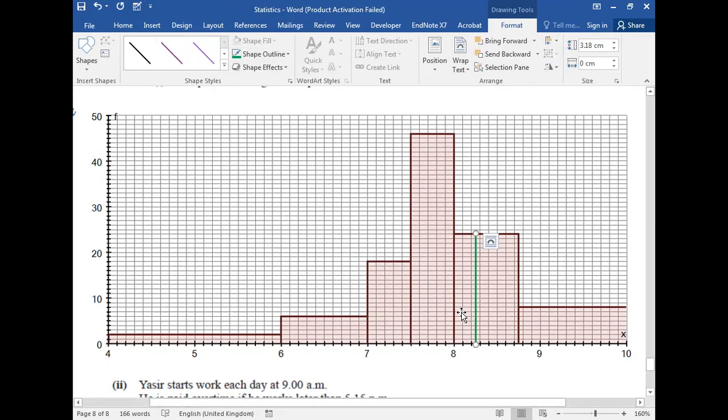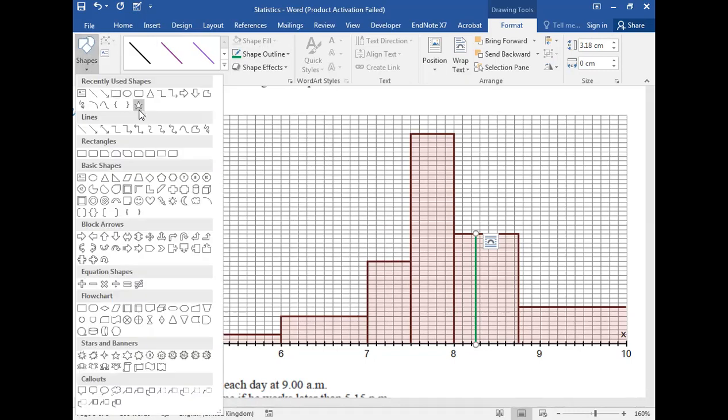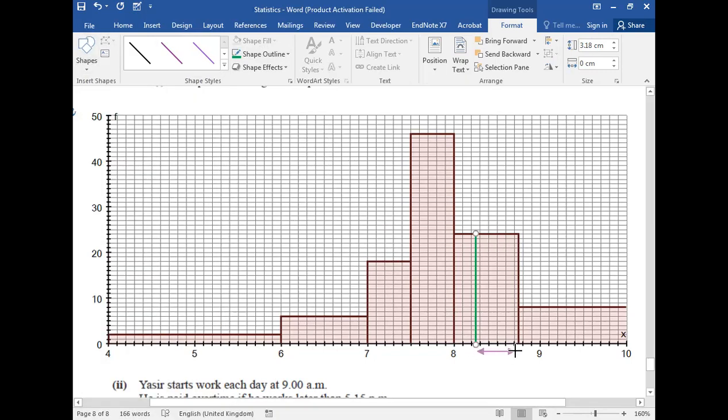I have drawn a green line over here. 8.25 onwards हमें we need this particular area. So how many people, sorry, how many days has he spent between 8.25 and 8.75? What is the width? Can you tell me the width for this one? Very good. The width of this one is 0.5.